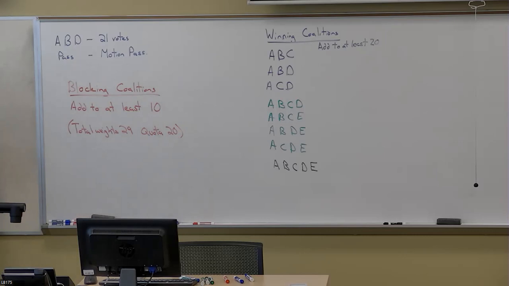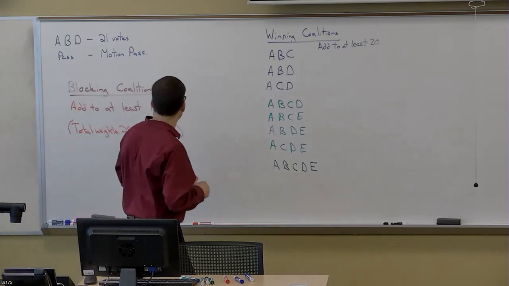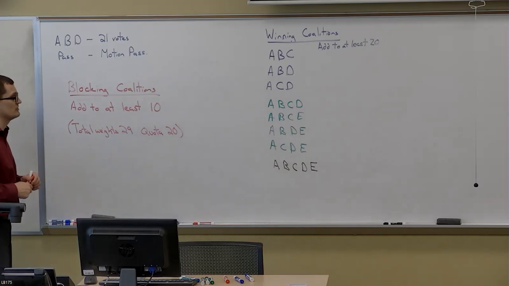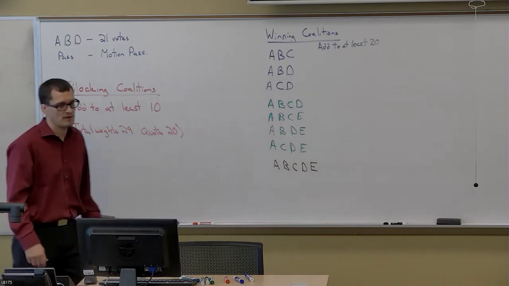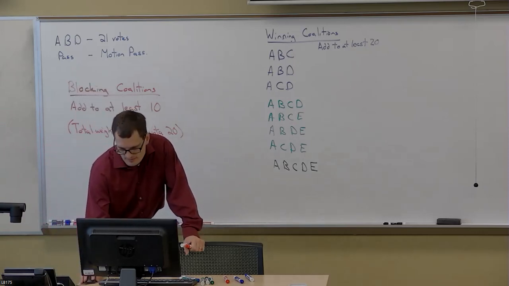Right, follow that? 10 votes. I don't mean 10 people, but 10 votes have to go against. So since we have a total weight in the system of 29 and the quota of 20, blocking coalitions are all the ones that add up to at least 10. All right.